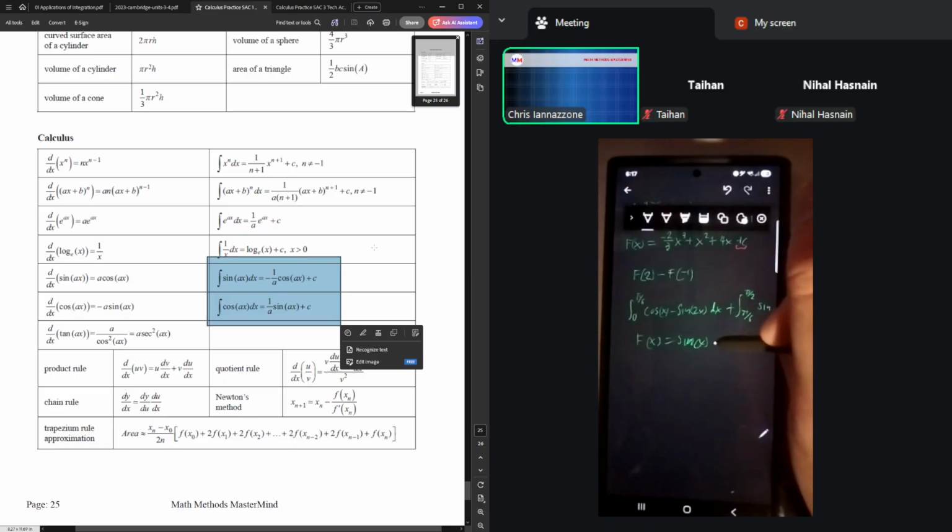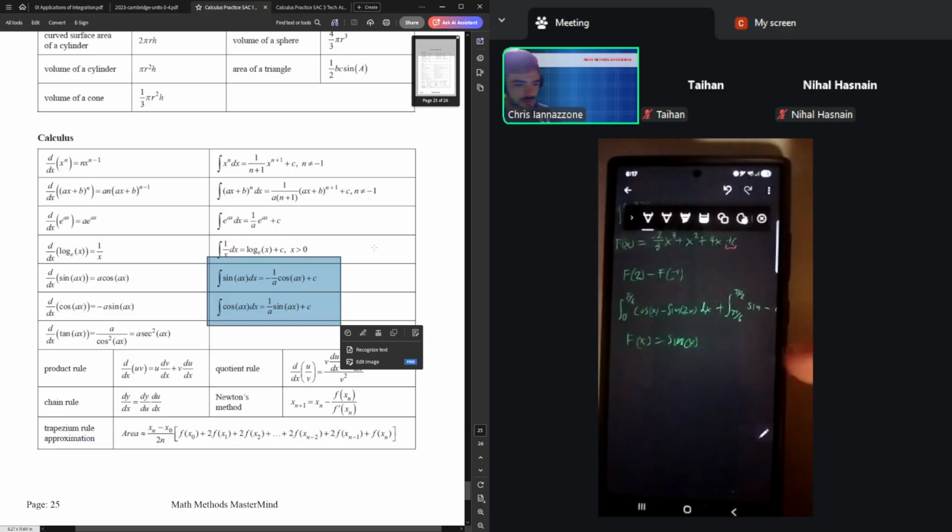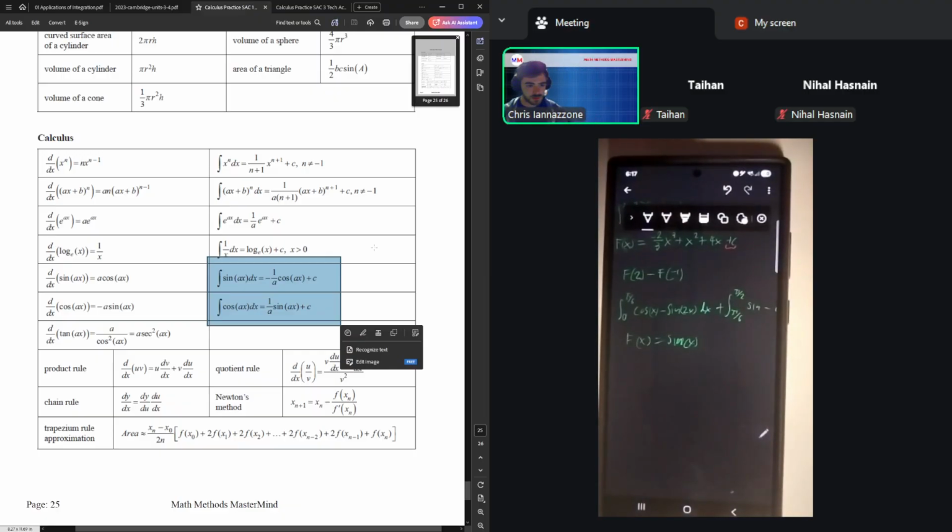Now we've got to do the antidiff of sine, which is going to get us 1 over 2 cos of 2x.